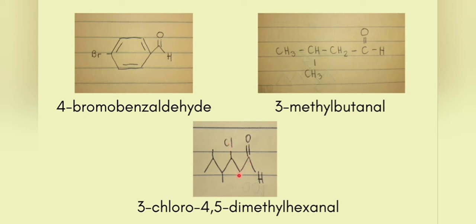So 1, 2, 3, 3-chloro connected with 4, 5 for the presence of 2 methyls. So 1, 2, 3, 4. The methyl was discovered on the fourth carbon and on the fifth carbon. Thus giving the name dimethyl because there are 2 methyls present on this structure. So 3-chloro 4,5-dimethyl-hexanol.